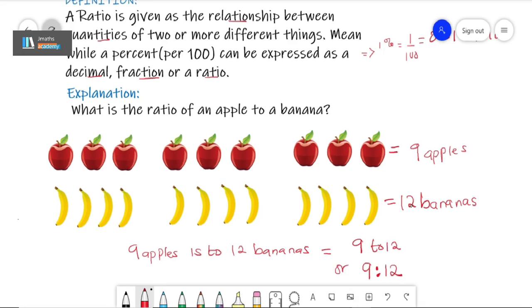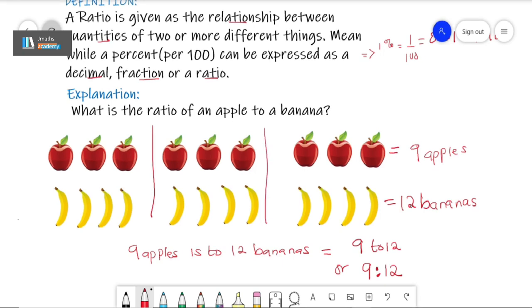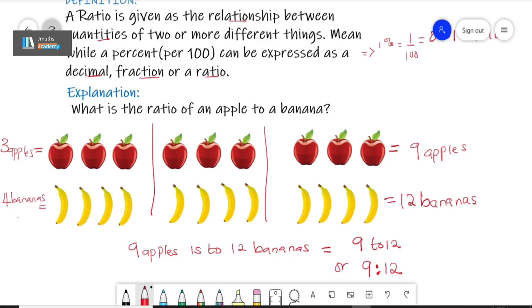So the apples and bananas can be subdivided into 3 sections. In each section we have 3 apples and 4 bananas. Okay, so this implies that ratios can be simplified into smaller forms.